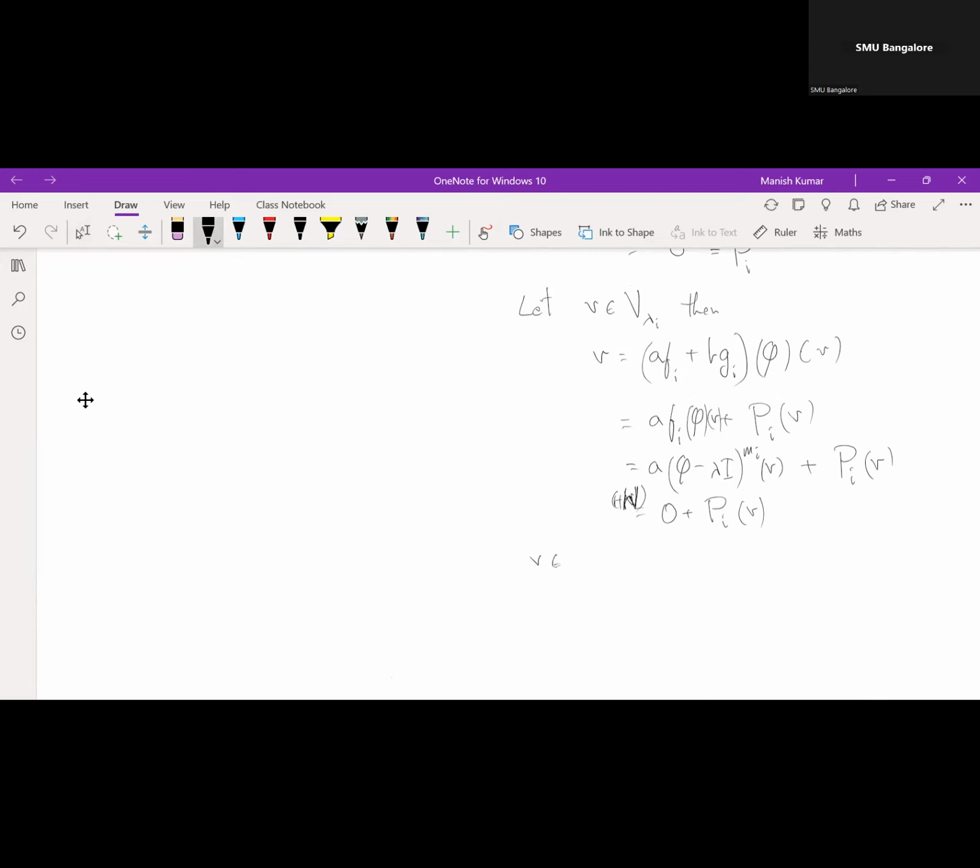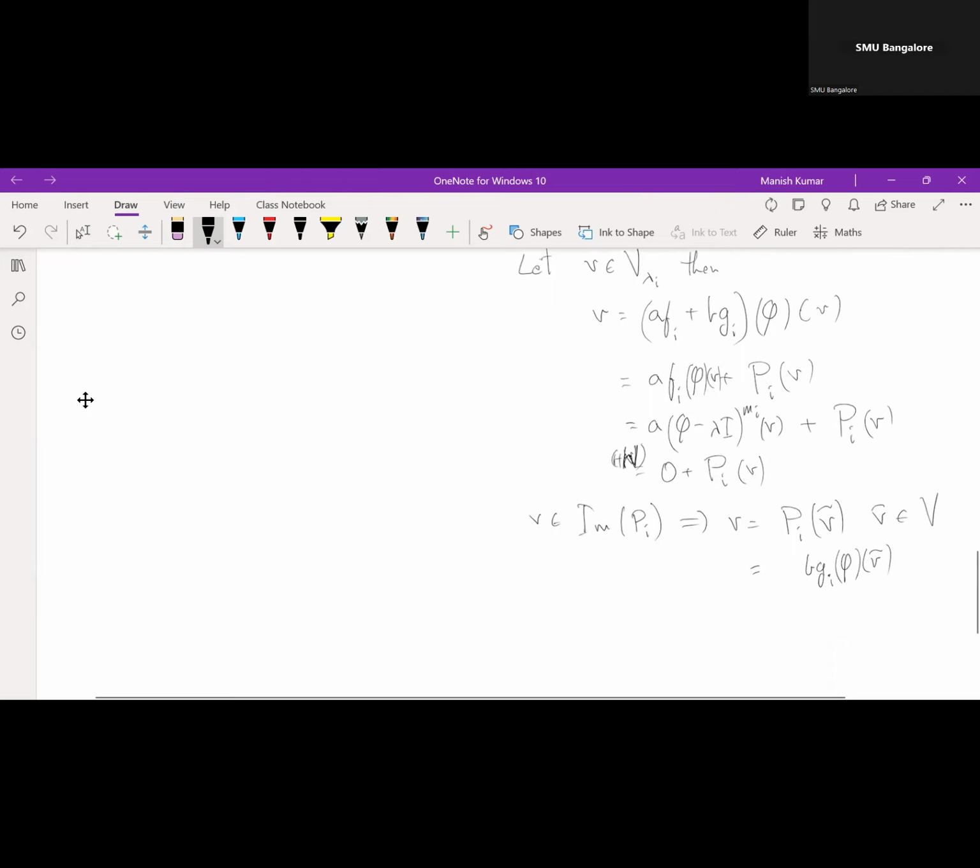So if v belongs to the image of pi, then v equals pi of v tilde for some v tilde in V, which is BGI phi of v tilde, because that is what pi is.